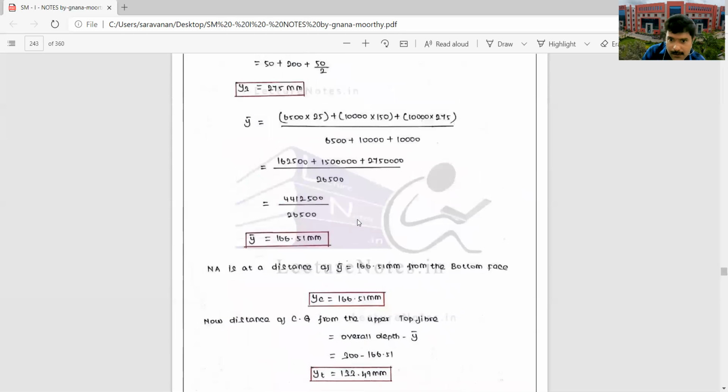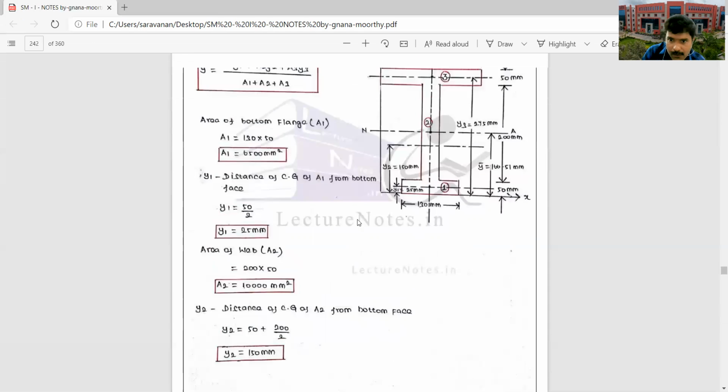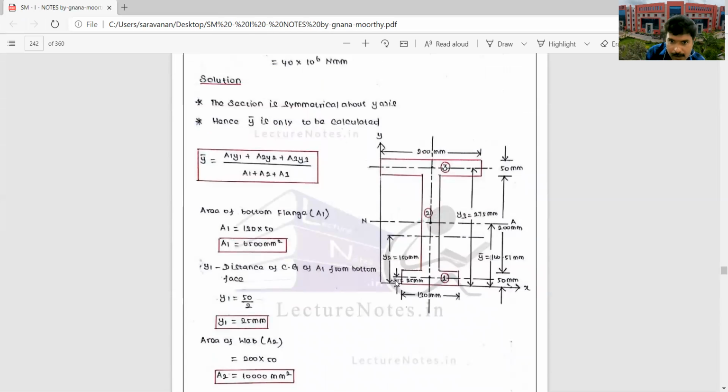You can see here, from the bottom, this distance is 275. But we need the distance from here to here. From here to the neutral axis distance is 166.51.